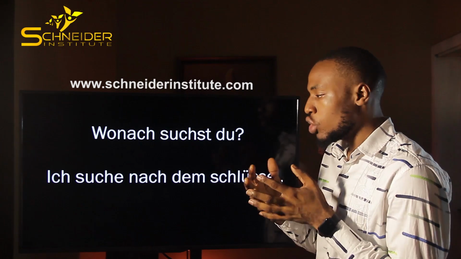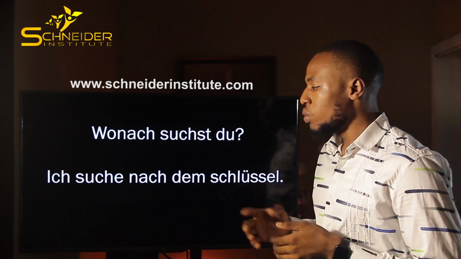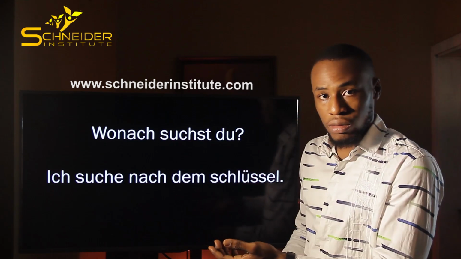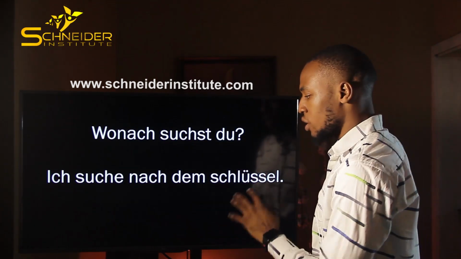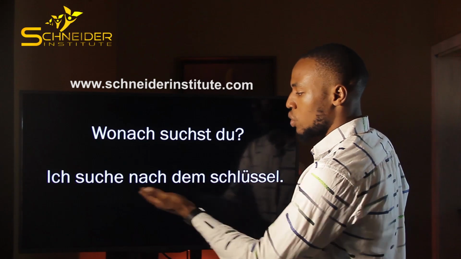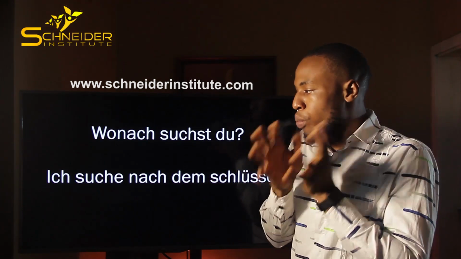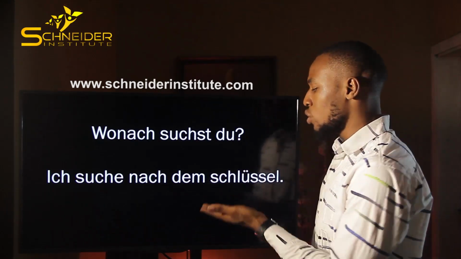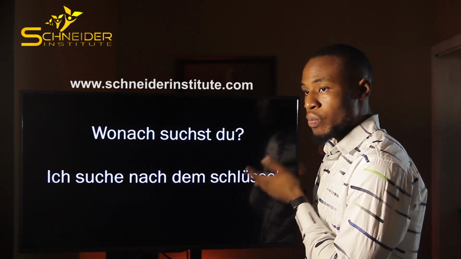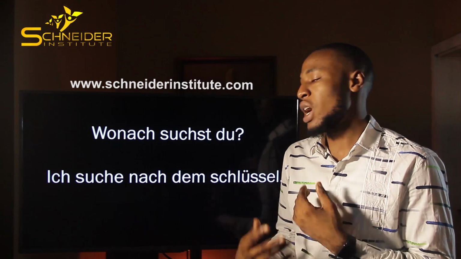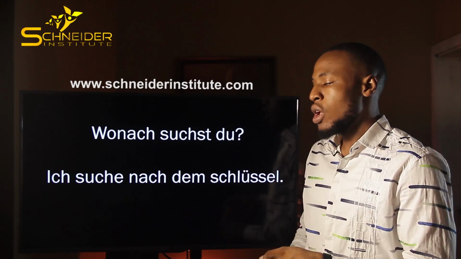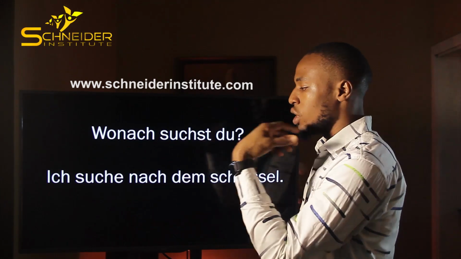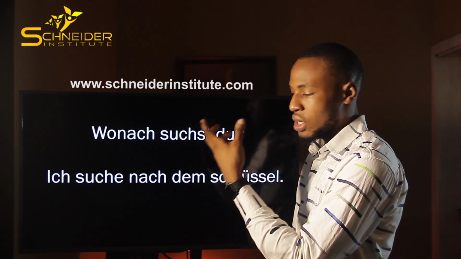Now, if I've mentioned the key earlier on, I would simply be saying Ich suche danach, simply replacing this with what? The da-compound. But since I've not mentioned my search for the key before now, I will have to state what I am looking for. Then in subsequent conversations that have to do with me searching for the key, I would have to say what? Danach, or depending on the verb I'm using in that case.